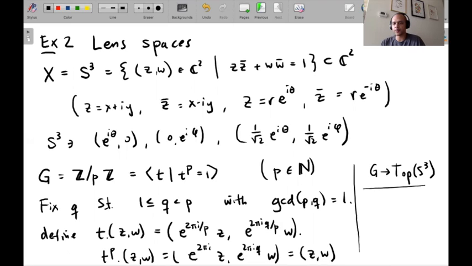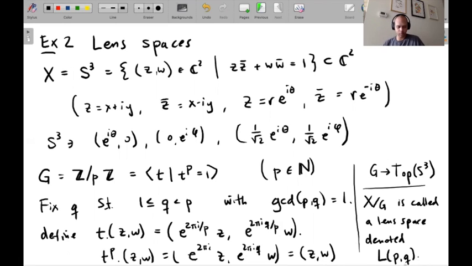So the quotient X mod G is called a lens space, and it's usually denoted L(p,q). So these are interesting examples.